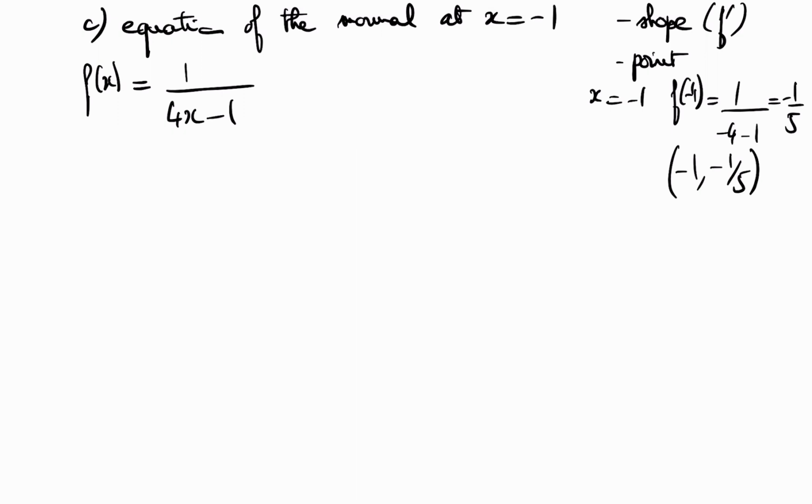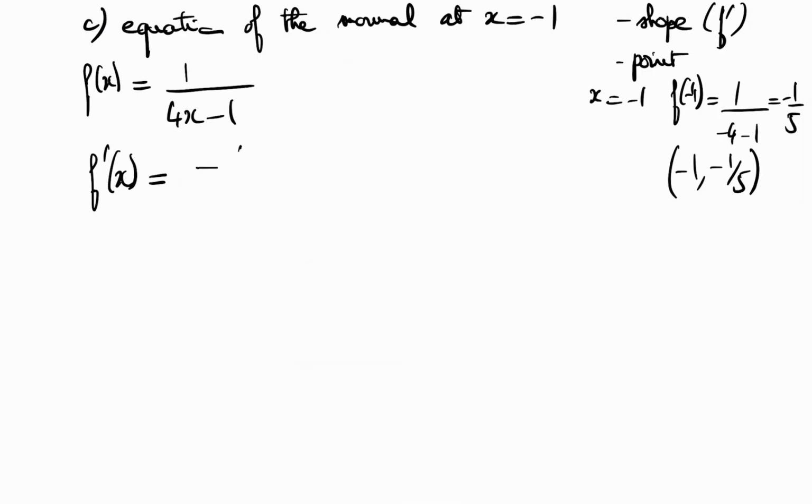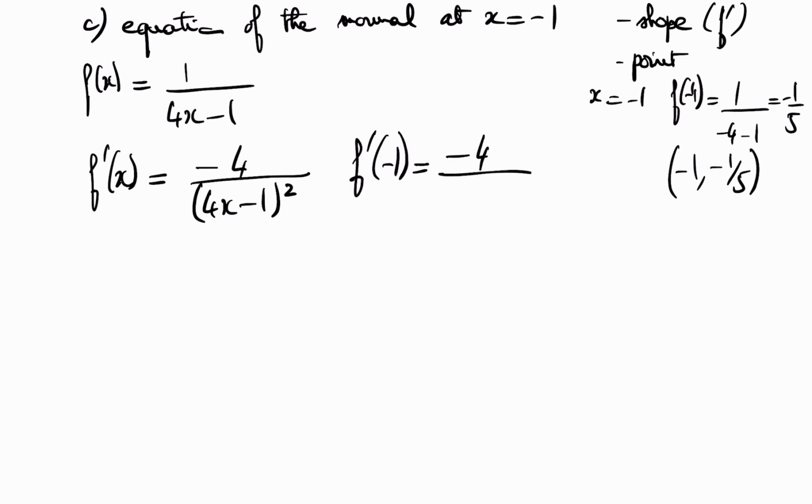And for the slope, f prime, we've calculated it before, it's minus 4 over (4x minus 1) squared. So that means that f prime of minus 1 is equal to minus 4 over (minus 5) squared, which is minus 4 over 25.